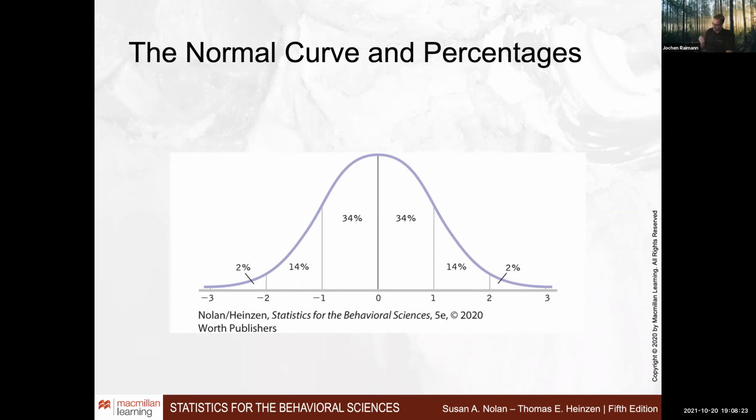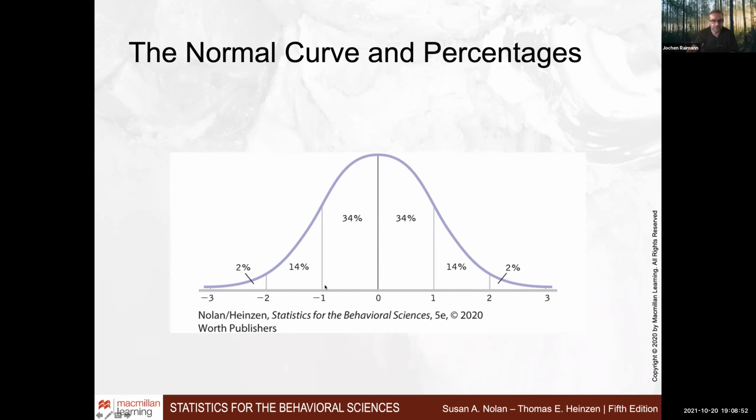So as a rule of thumb, you can take your mean and multiply the standard deviation by 2, and you go two standard deviations below, 2 standard deviations up, and then you capture 34 and 14, which is 48. 48 multiplied by 2 is 96.